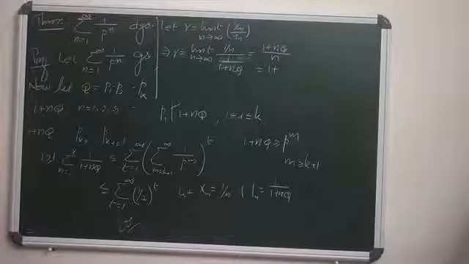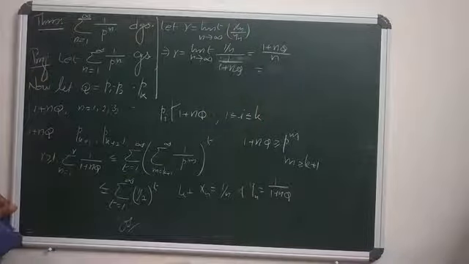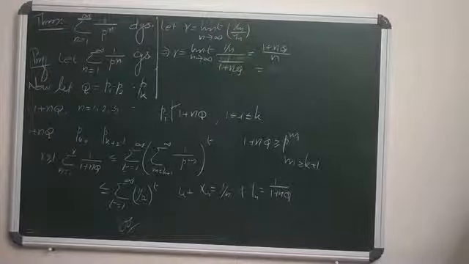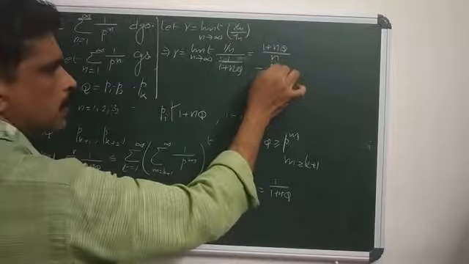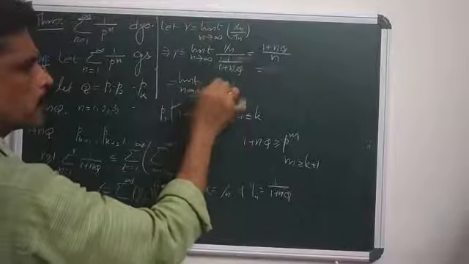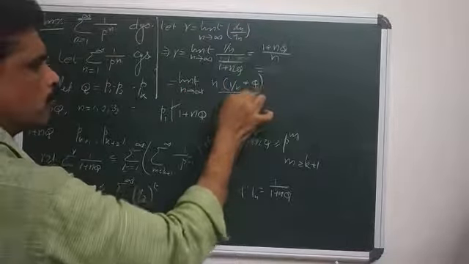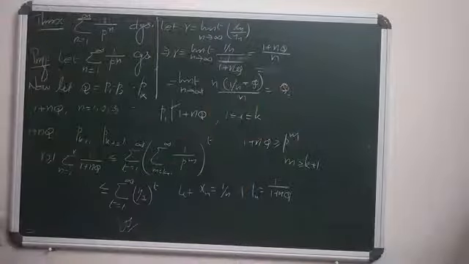So that equals limit n tends to infinity 1 plus nq by n, which equals limit n tends to infinity of 1 by n plus q, which equals q itself.